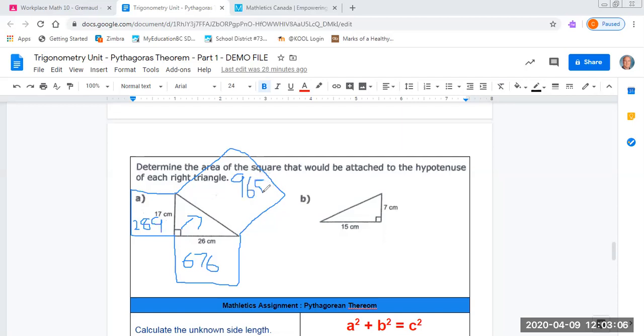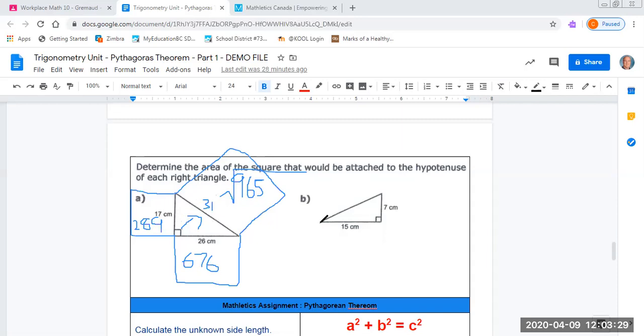Now, what we're going to talk about a little bit later, and I'm just going to add this as a concept right now, if we were to take the square root of 965, what we end up with is a number that is 31.06. So I'm going to just write 31 there. But what we can see is this makes sense because the hypotenuse is the longest side, and 31 is clearly longer than either of these two legs, 17 or 26.